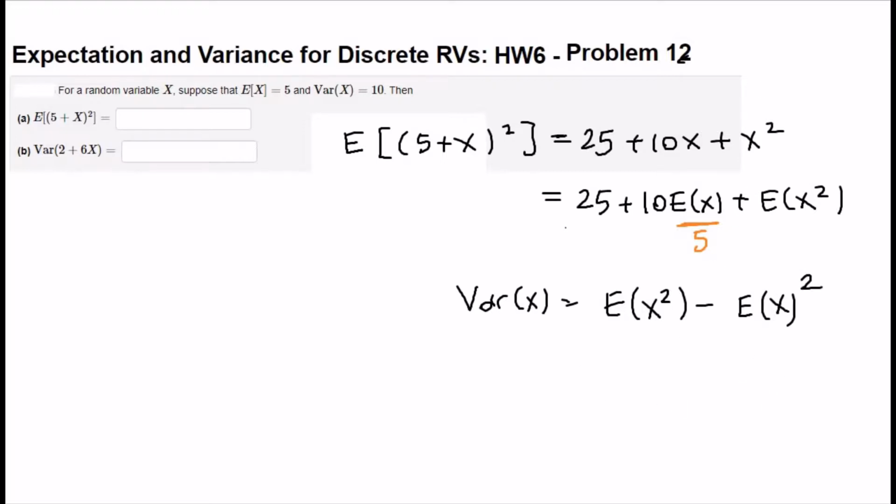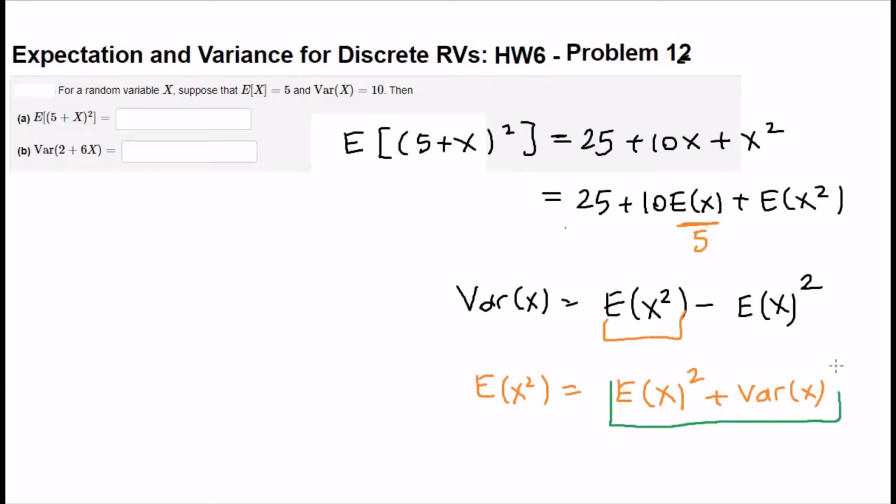And from here, if we solve for the expectation of x squared, we obtain the quantity expectation of x, squared, plus variance of x. So we can substitute the expectation of x squared as this.